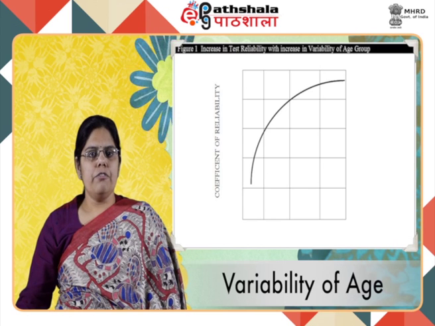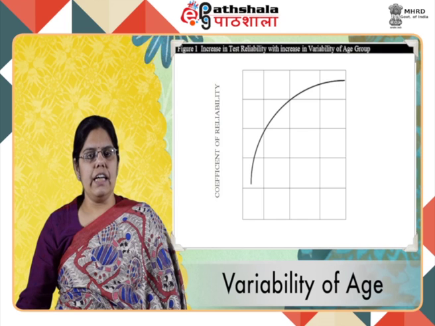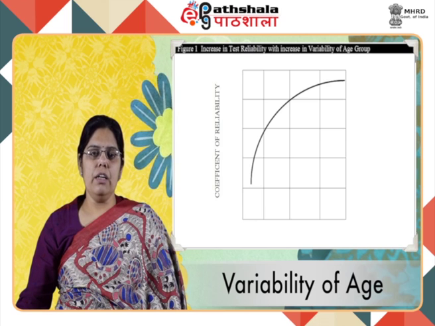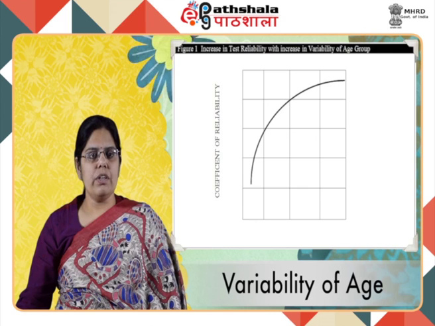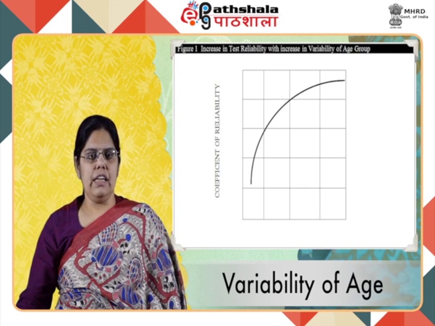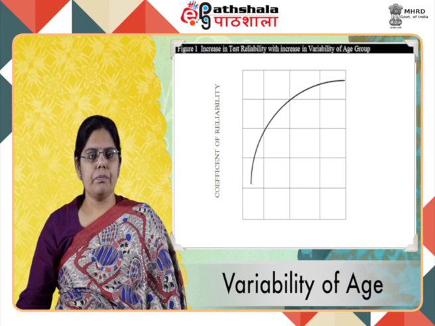Consider a group which is completely homogeneous with respect to chronological age. The range of test scores for such a group will vary from extremely low to extremely high. As there is no deviation in age, the correlation of chronological age with test scores for the group would be 0.